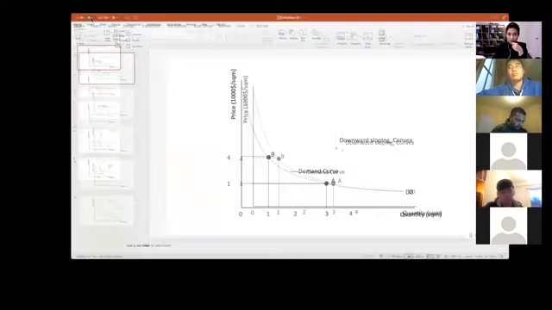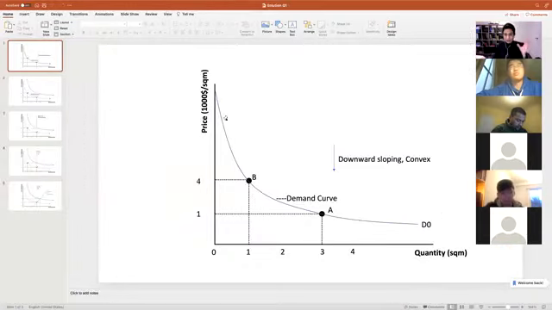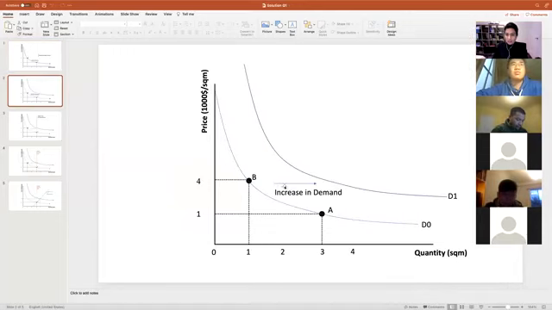So to first remind you that a demand curve is a convex downward sloping curve. And by increase in demand, we mean a rightward shift of the graph.